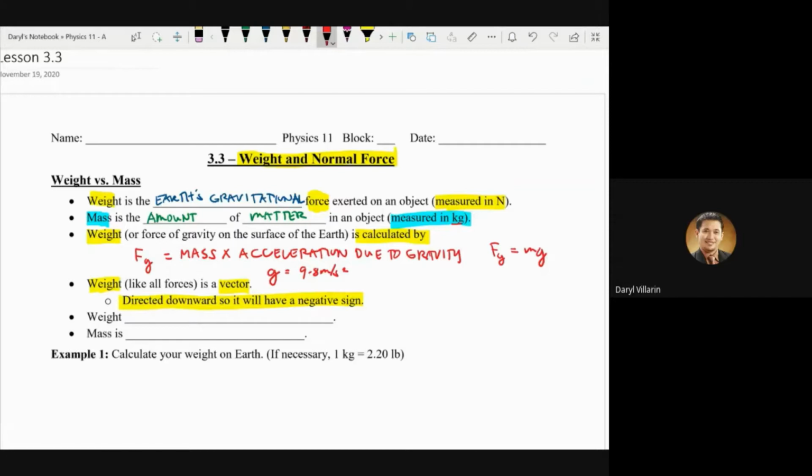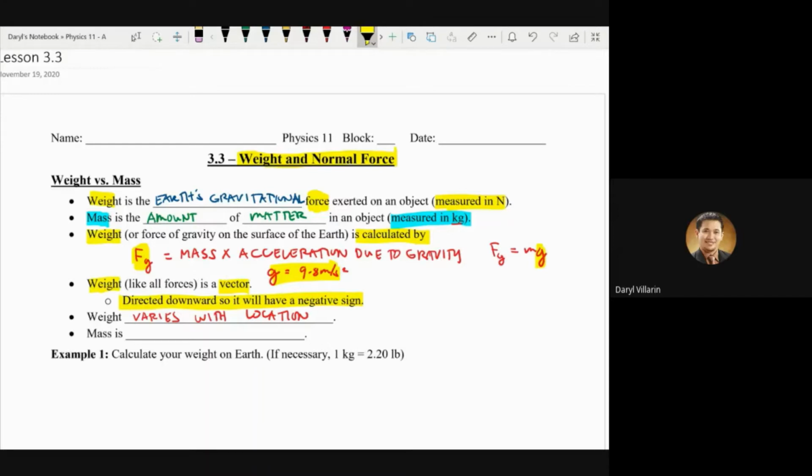So a distinct characteristic, or the difference between weight and mass, is that weight varies with location. Because if you can see, Fg is dependent on g, but g is not necessarily constant, even on Earth.